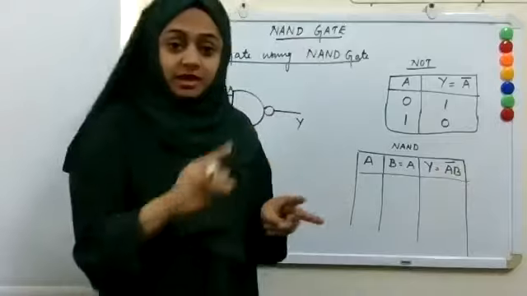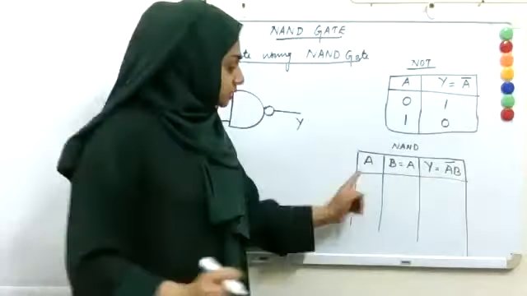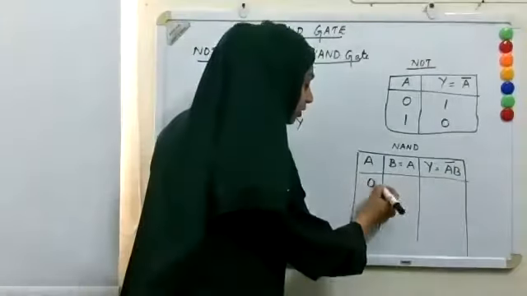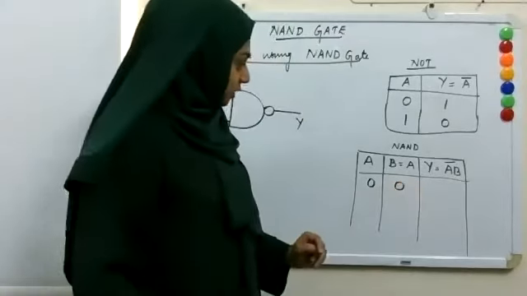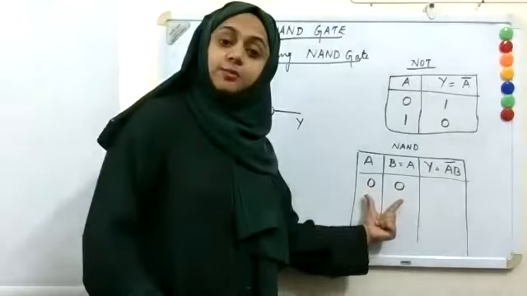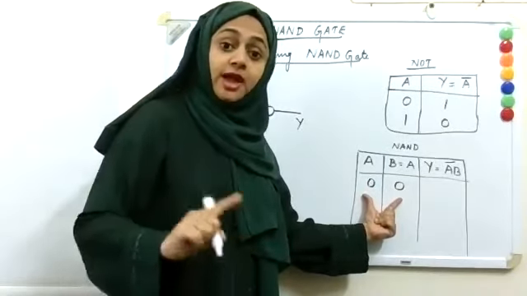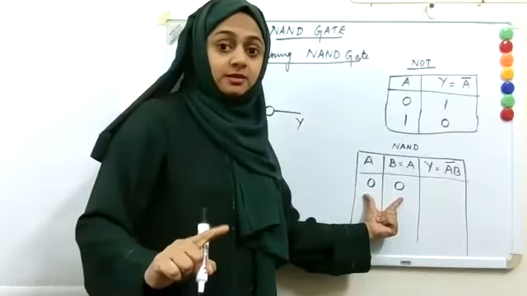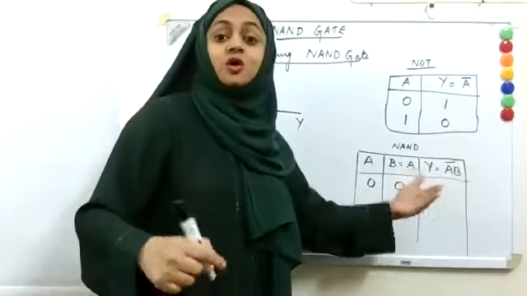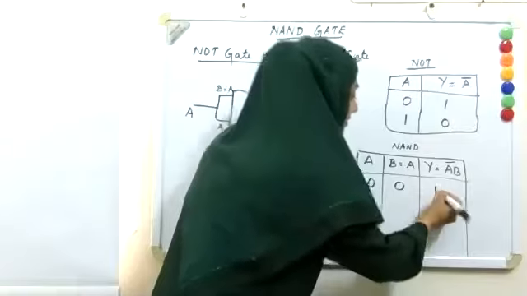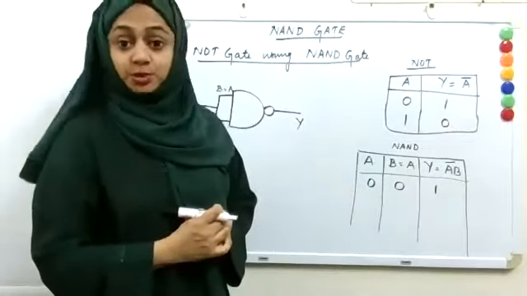NAND means A and B with the not. So if the input is 0, this B is also equal to 0. So what is A and B? A and B will be 0. And if you not that, not 0, so 1. We will get the output 1.